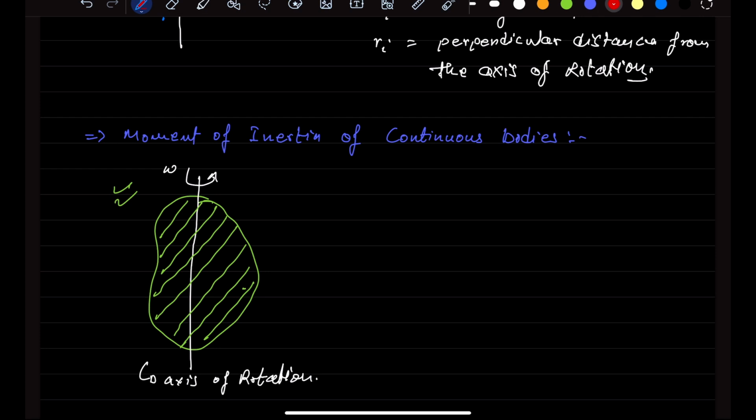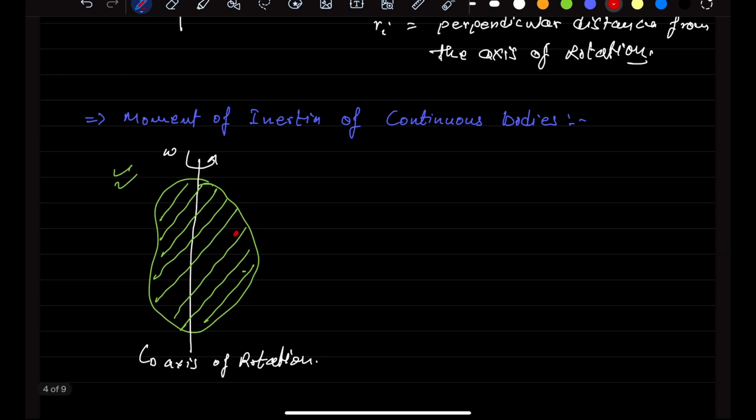In the continuous body there are point masses or particles which are combining and forming the rigid body. So basically I can say a continuous body or a rigid body is the combination of particles, but these are infinite particles, an infinite number of particles, not some certain number of particles. Still, in the continuous body I can consider it as the combination of particles.